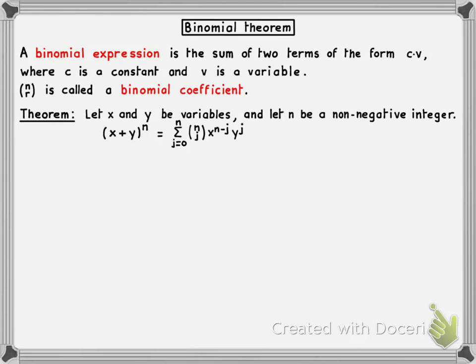So let's look at some simple examples of applications of this theorem. First, let's take n equals 0. Well, (x + y)^0, like anything to the power 0, is 1. So let's see if that works out with the theorem.